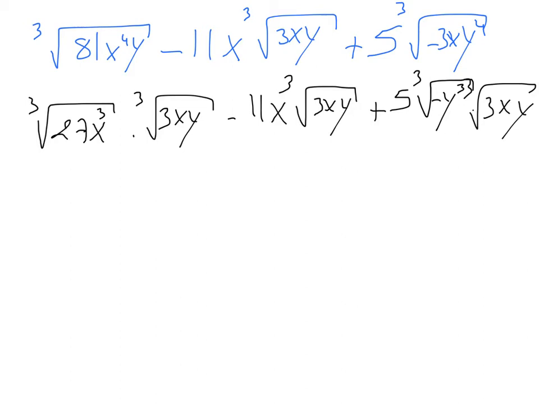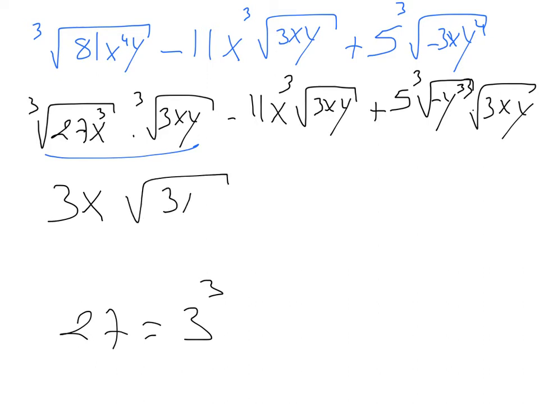This one is going to be 3x, because we know that 27 equals 3 to the power 3, so the 3 will be gone here. So it's going to be 3x. Okay, times the second one, which is already simplified. We get the third root of 3xy, which will stay the same here. Okay, minus 11x, and this one is simplified already.